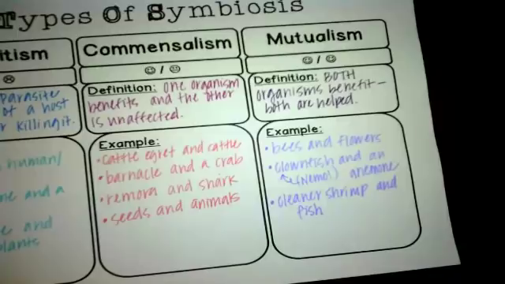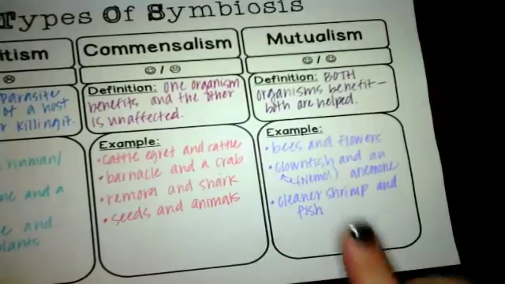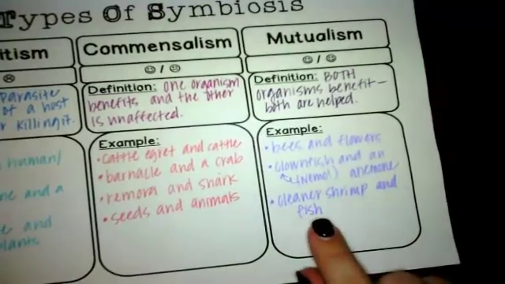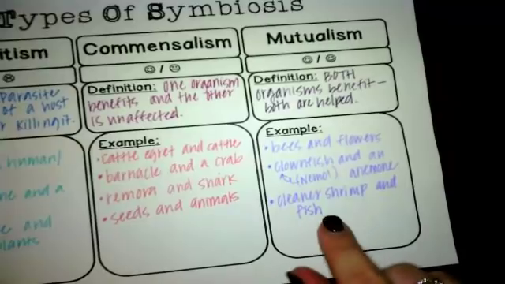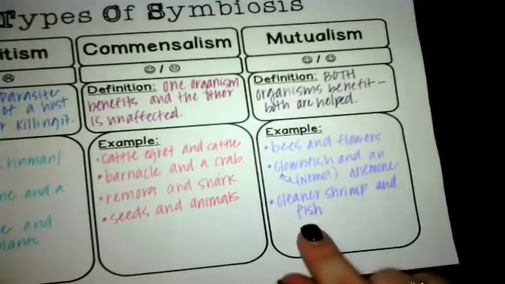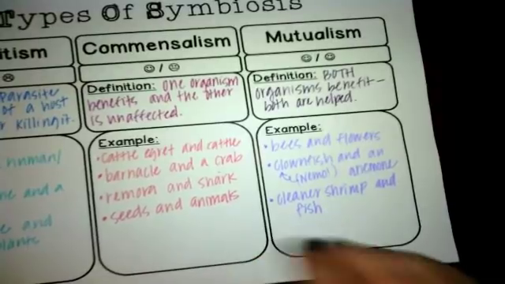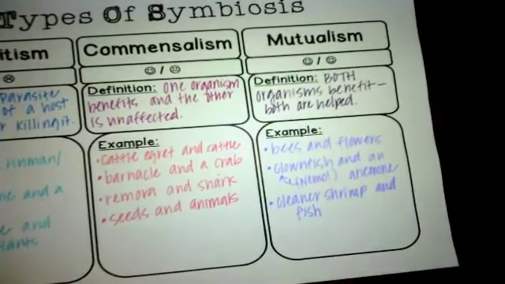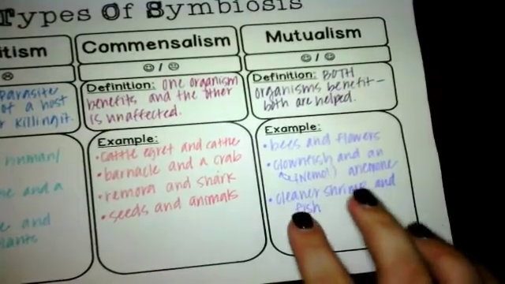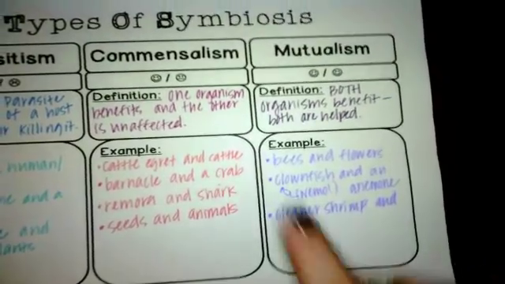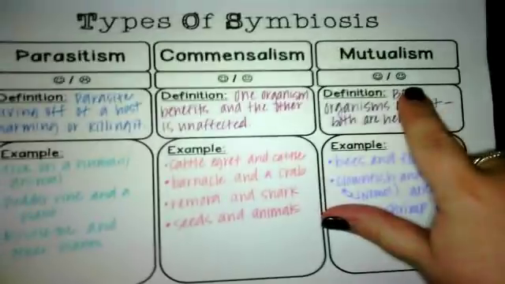You guys will have to fact check me and tell me if I'm right or not, but I'm pretty sure he's the one that in the fish tank says, my bubbles, my bubbles. But I'm not 100% sure. I could totally be wrong, so don't quote me on that. Cleaner shrimp and fish. He gets food, they get clean. Okay, sometimes they live in their mouth, and that's a pretty crazy thing, so you may want to look that up. Again, both happy faces here.